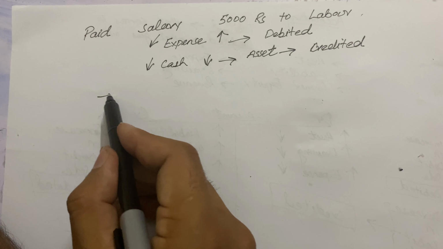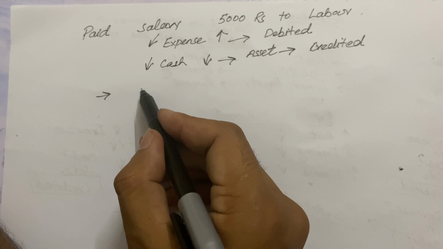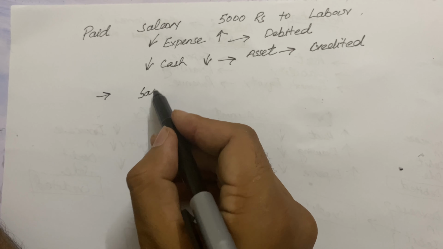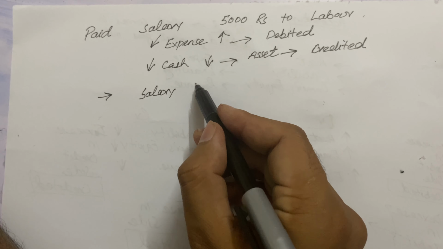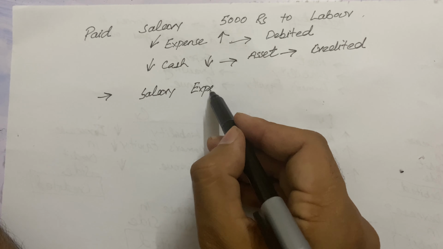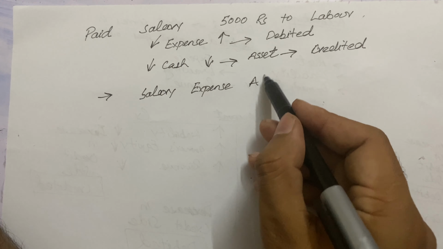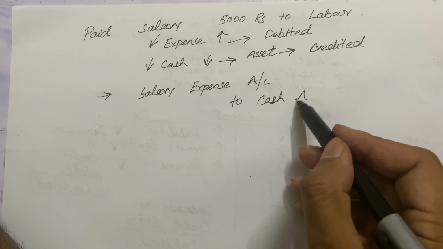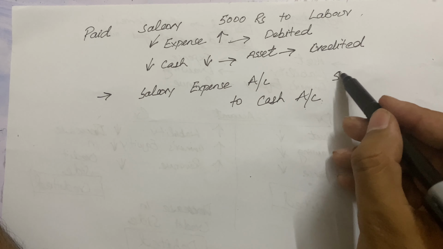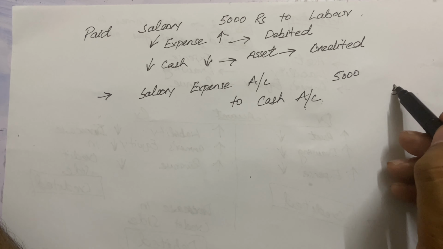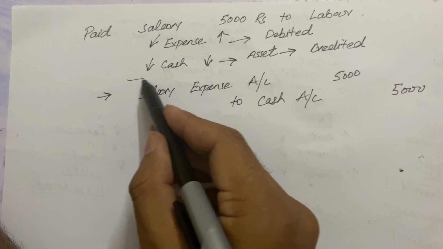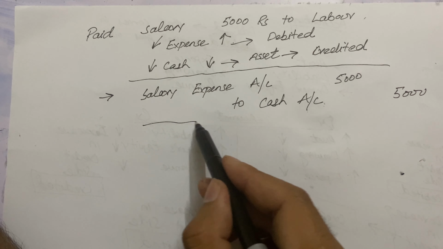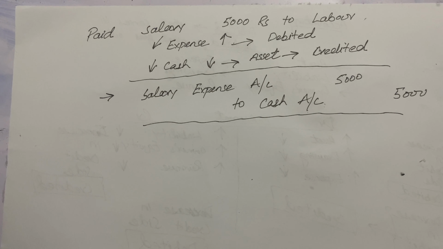So the ultimate result of the entry will be salary expense account to cash account 5,000. This is basically the entry.